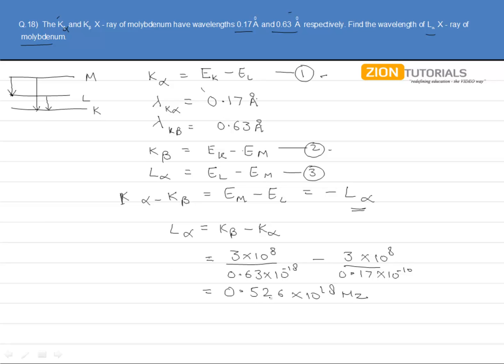And I'm sorry, this is not 526 but 536. So we have got the frequency of L alpha transition.